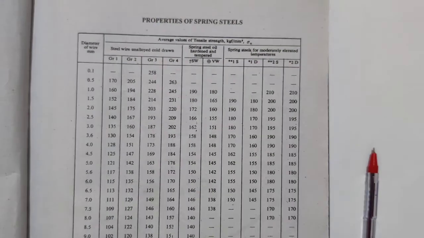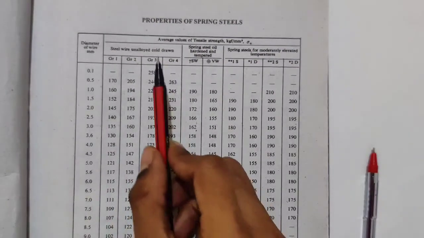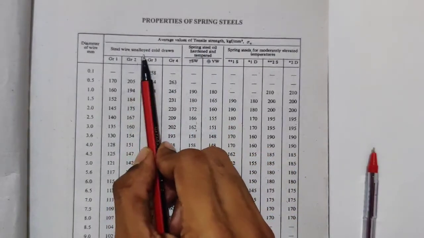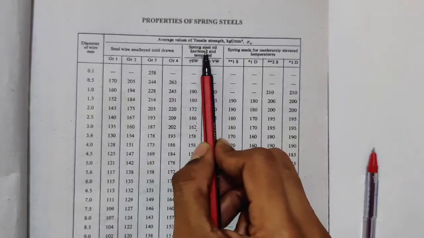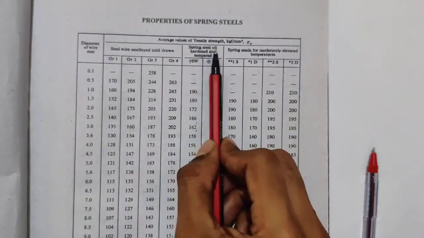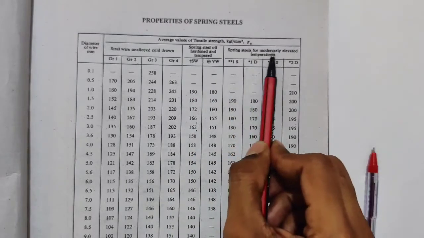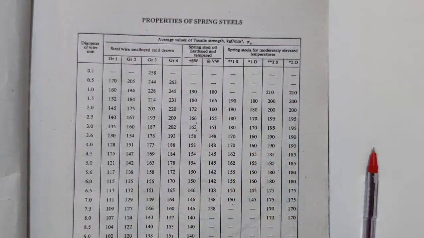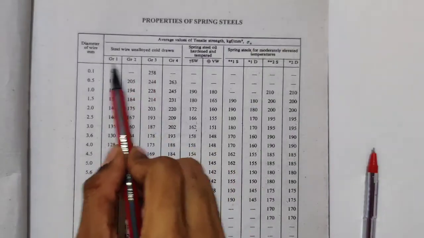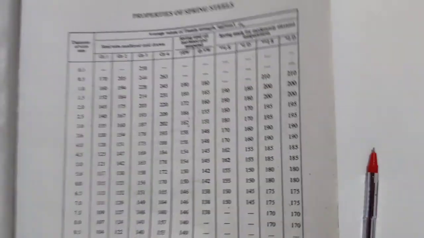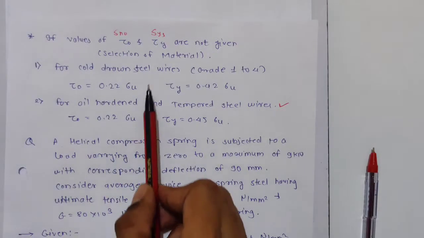If you go to PSG 7.105, you will find three types of material for the spring. First is steel wire, unalloyed, cold drawn. Second is spring steel, oil hardened and tempered. Third is spring steel for moderately elevated temperature. In Bhandari, it has 4 grades, 2 grades, SWW, and again 4 grades.